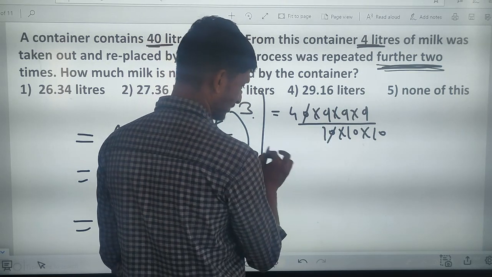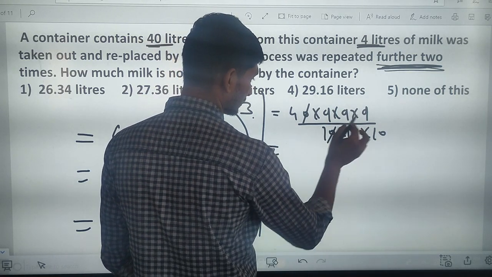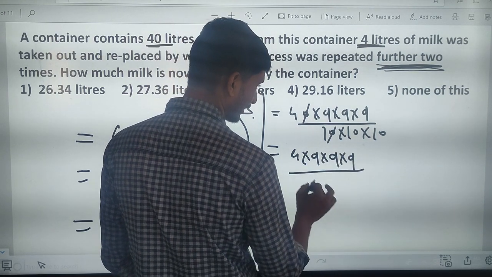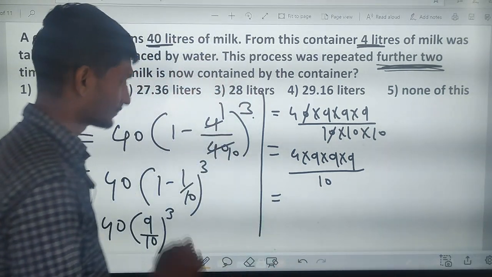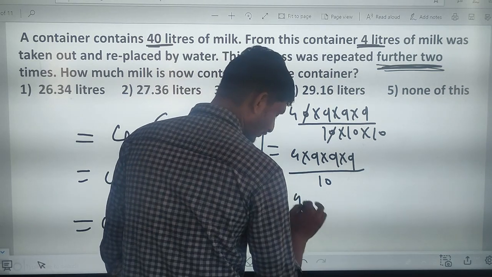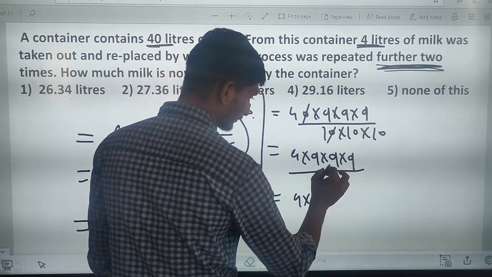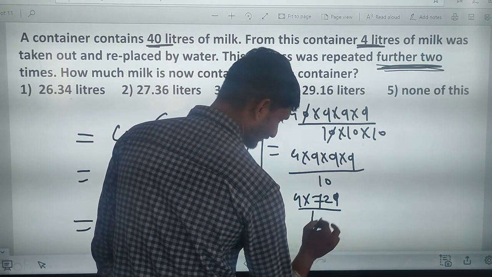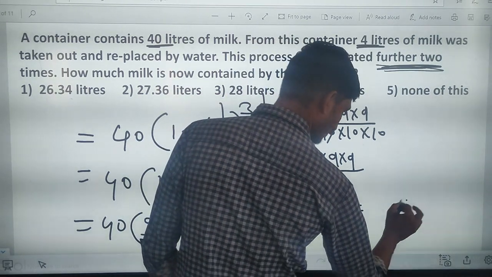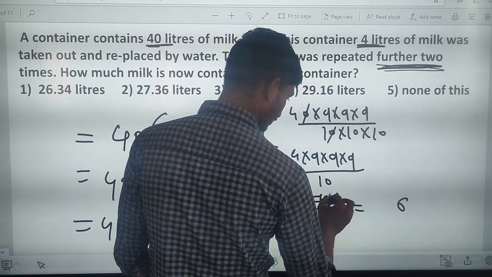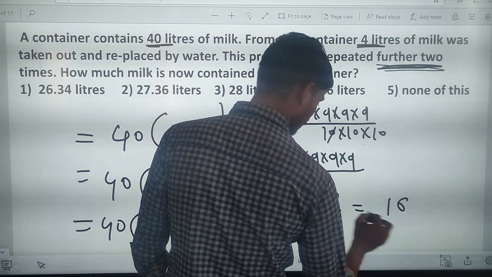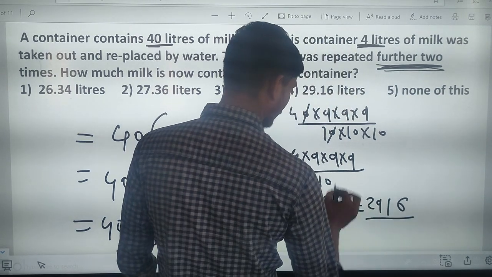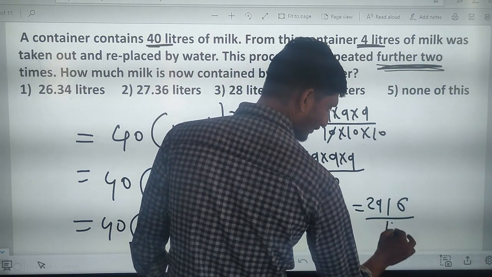Now here the tens get cancelled. Then 4 into 9 into 9 into 9 divided by 10, that is divided by 100.